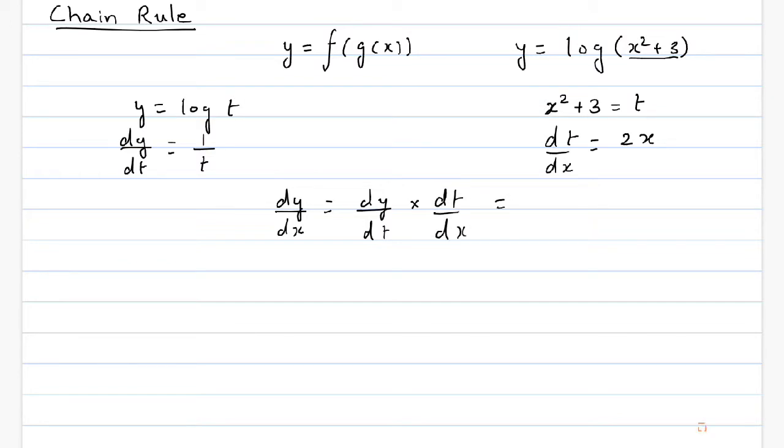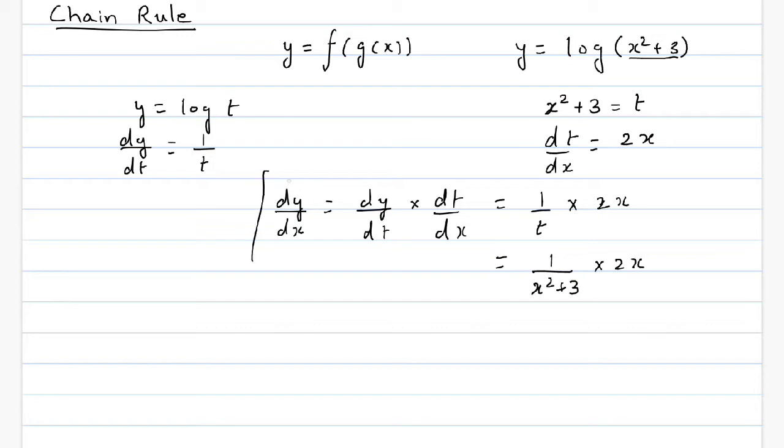That will give us 1 by t into 2x. If I substitute t, we get 1 by x square plus 3 into 2x. So this is how we can solve using chain rule.